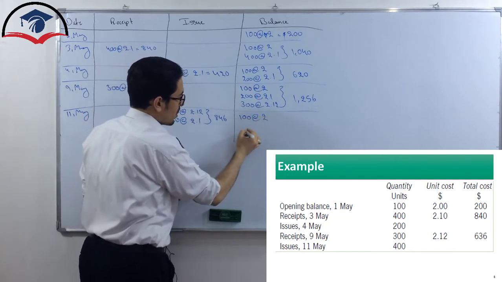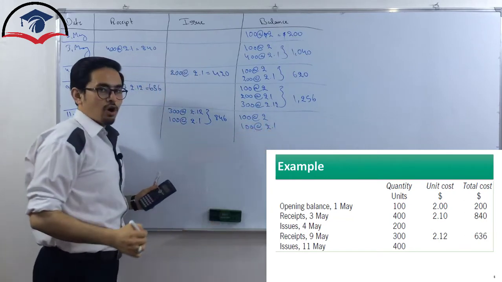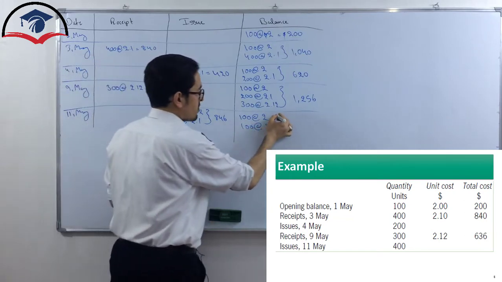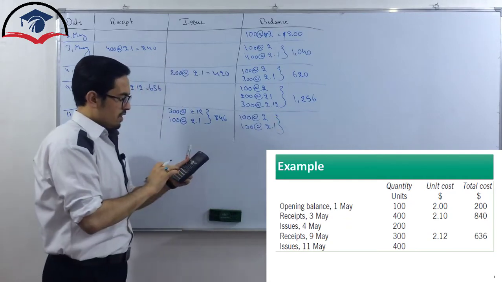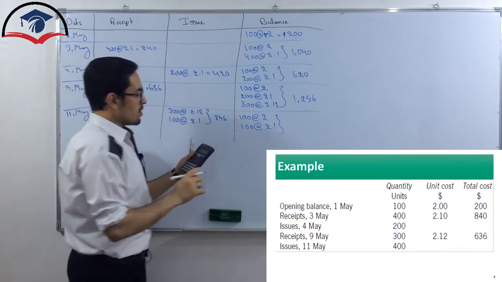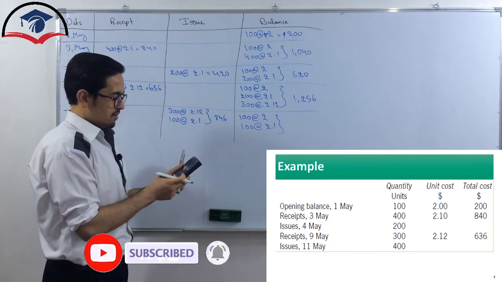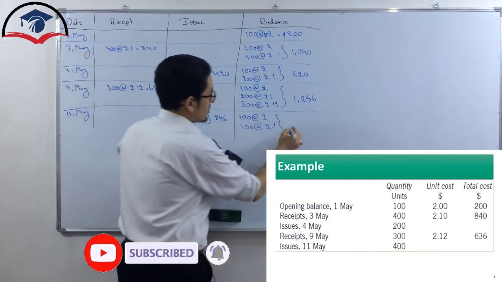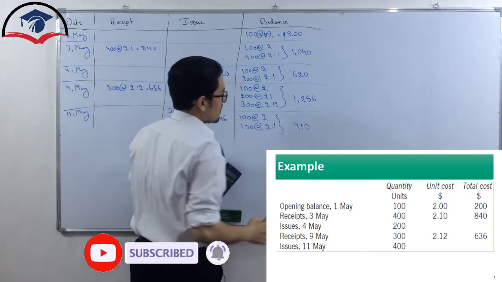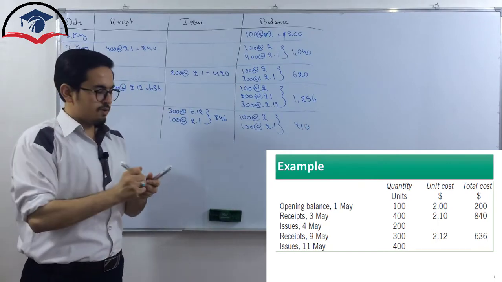The remaining balance available in stock after this one: this 300 is gone, 100 from this is gone, therefore 100 units at the rate of $2 and 100 units at the rate of $2.1 is the remaining balance in stock, and totally equal to 100 multiplied by 2 plus 100 multiplied by 2.1 equal to 410. 410 is the value of closing inventory.